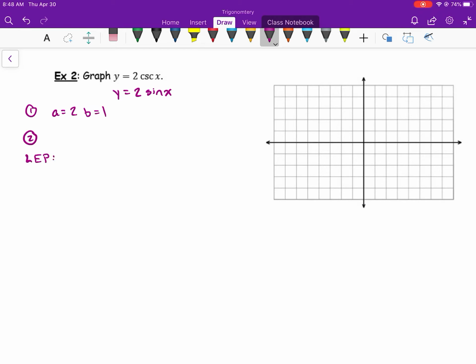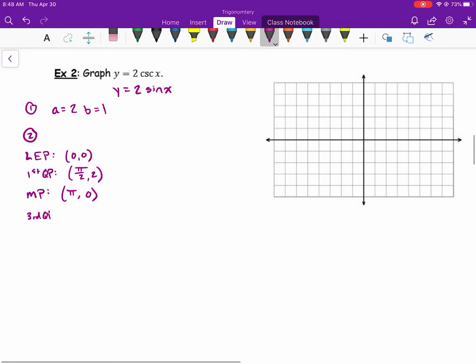My left endpoint is 0, 0. Nice easy one. First quarter point is pi over 2b, so pi over 2, and A, which is 2. Midpoint is pi over b, which is pi and 0.